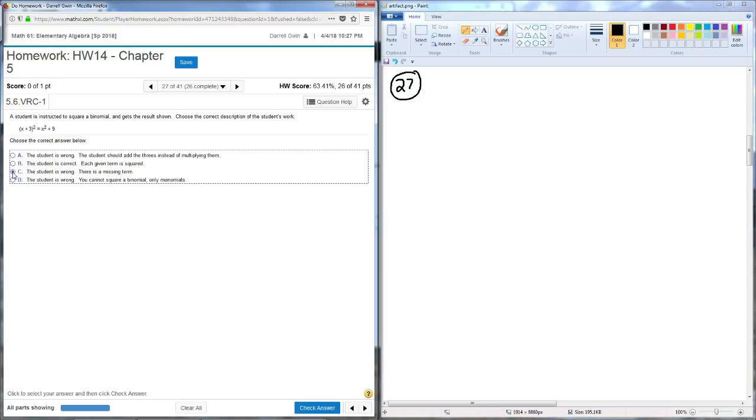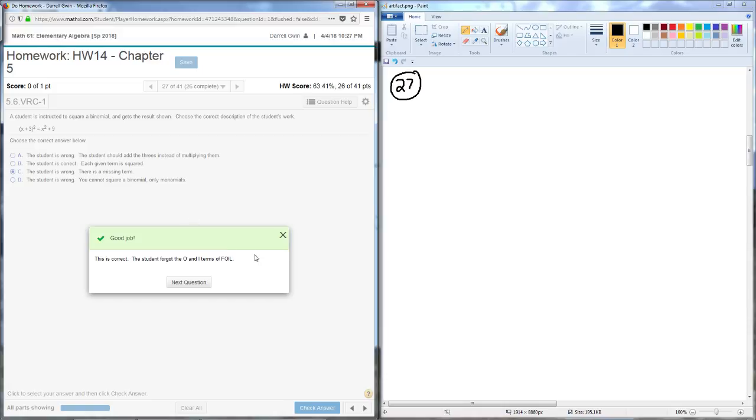That's definitely true. There's definitely a missing term in the middle, the outer and the inner. You cannot square a binomial or only binomials. Nope, it's definitely C. It's missing the middle term. Correct. The student forgot the O and the I terms. Yep, get the FOIL. In fact, the student didn't even FOIL, didn't get the F or the L. He just did the freshman's dream.